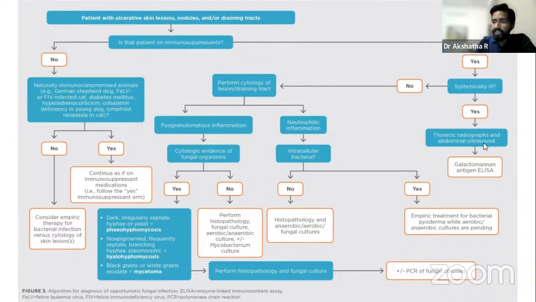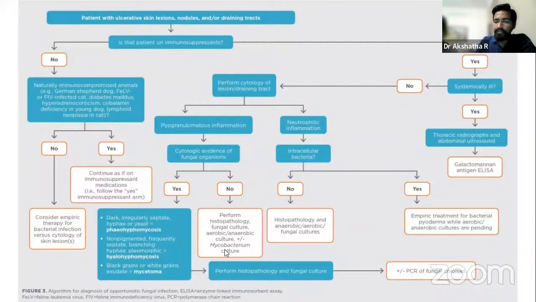If abdomen and thorax are involved, we go for galactomannan and need to rule out endemic mycosis. If there is no systemic illness, we aspirate the fluid and check whether it is neutrophil-predominant or lymphomononuclear-predominant. Neutrophil-predominant is most probably bacterial, possibly intracellular bacteria. If lymphomononuclear is very high, we need to think of fungus, TB or NTM.